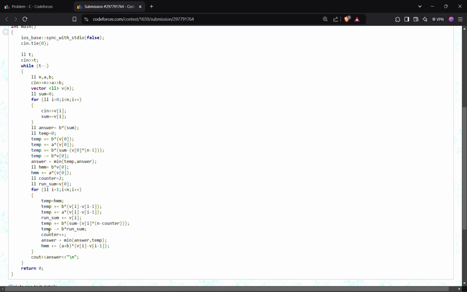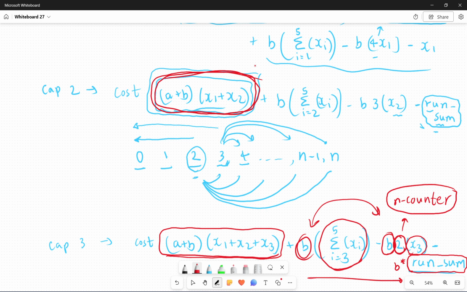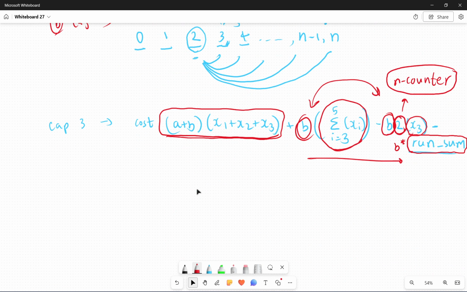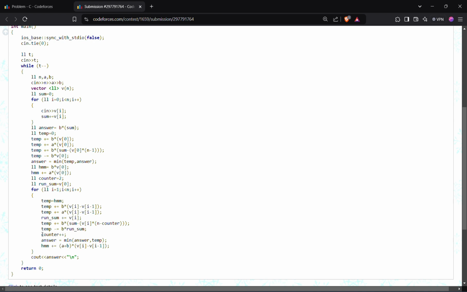So temp plus equals that thing, temp minus equals b star running sum. Okay, I missed this thing, right? b star running sum. So basically, why b star running sum? Because you are neglecting that cost, right? So cost is b star, whatever it is, xj minus xi, right? So b is missing, so b star running sum, and counter plus plus, updating answer if we get anything less than that in our variable temp.